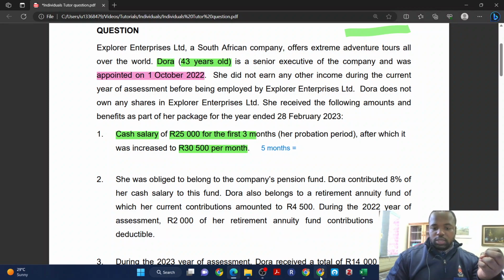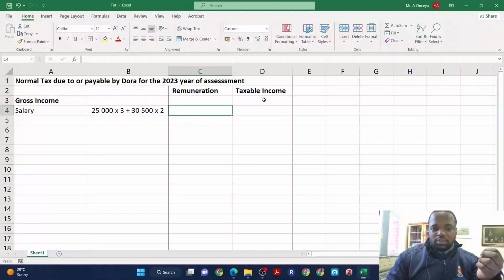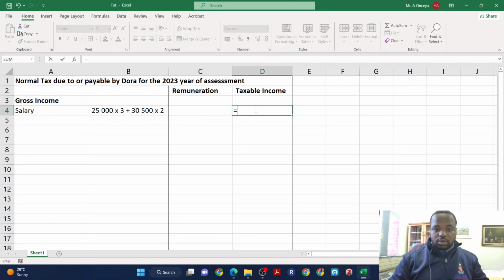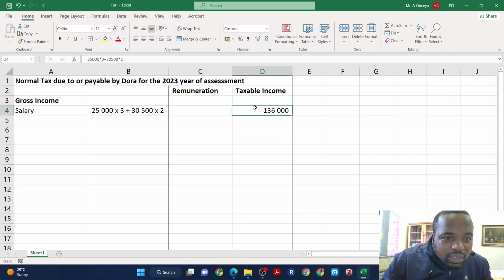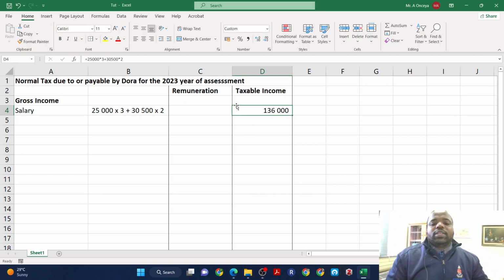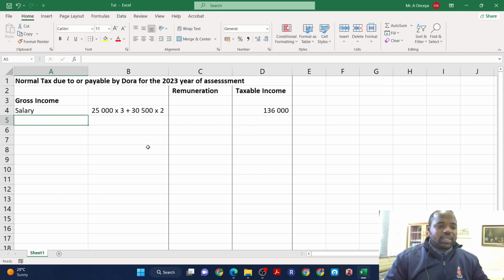Easy peasy, you just jot that down in your scenario. That's 25,000 times 3 plus 30,500 times 2, which gives a salary of 136,000 rands.